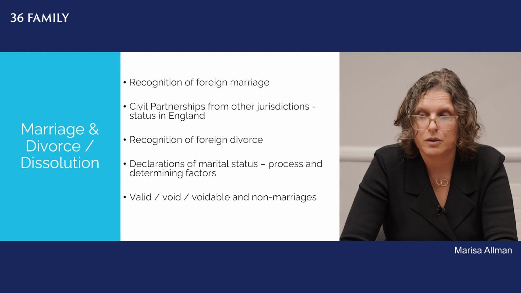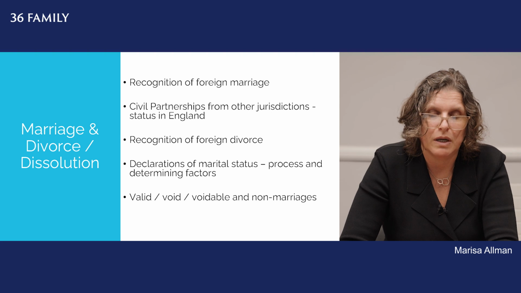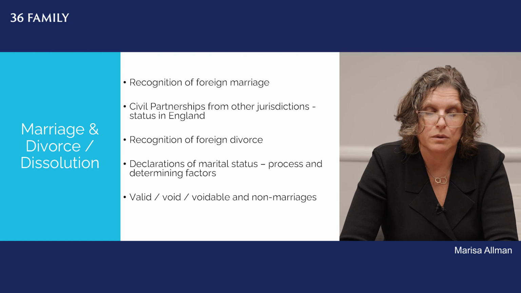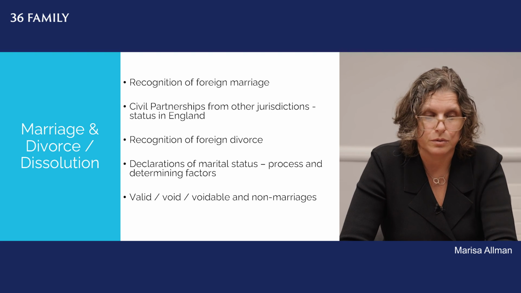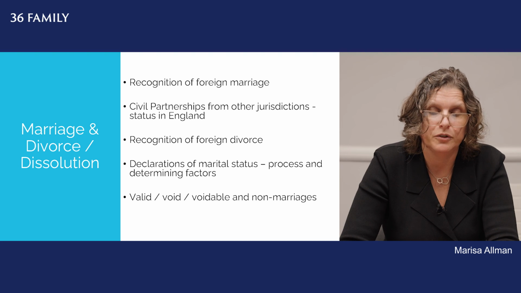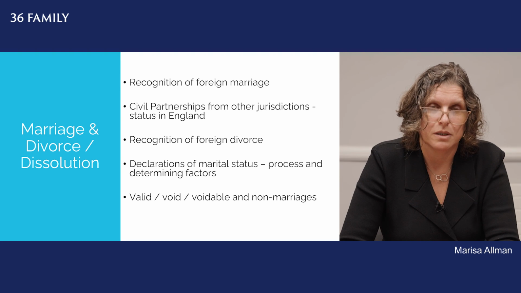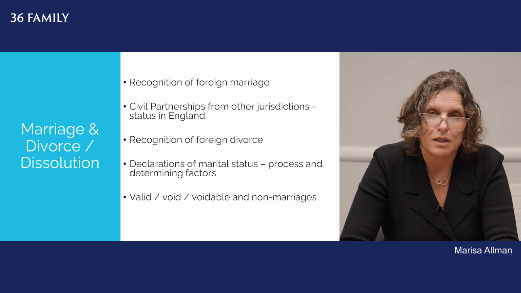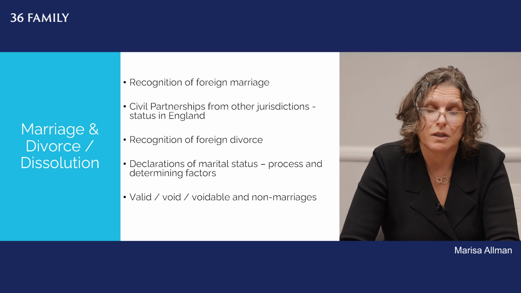This can include questions such as whether the marriage was void or voidable, or indeed not a marriage at all. Both void and voidable marriages can be annulled. That includes, for example, in circumstances of bigamy, and still give rise to the court being in a position to make financial orders. And that may be something that you need specific advice about.